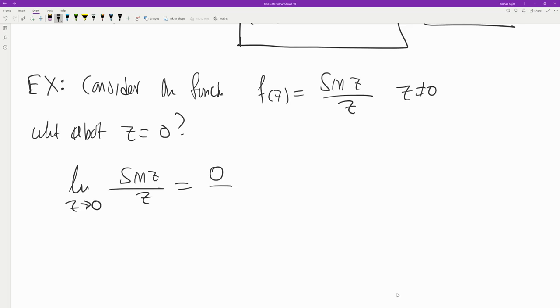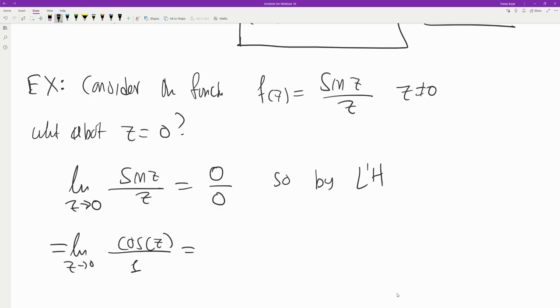So this is indeed 0 over 0. We will show that these are complex differentiable. So by L'Hopital, this is cosine of z over 1. So this is just 1.